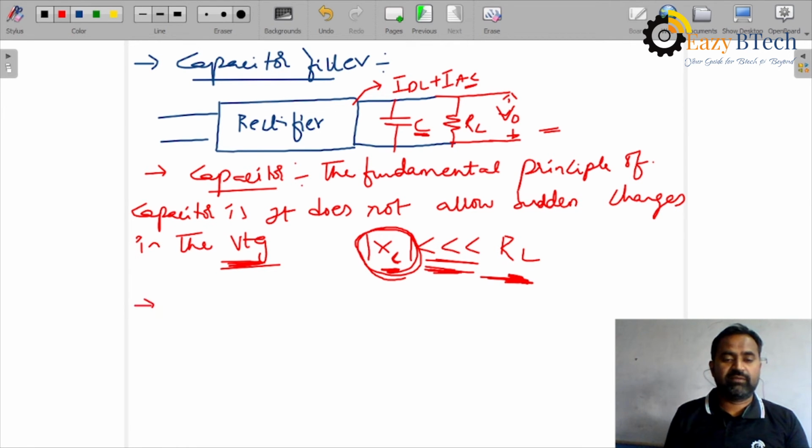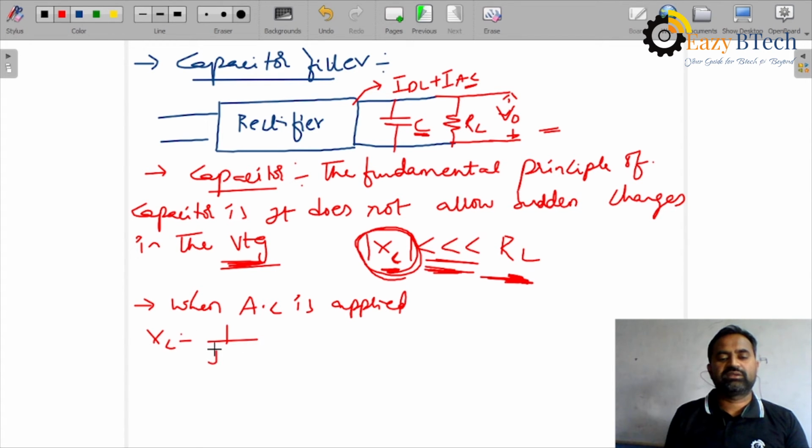Now you can see what the capacitor does when AC is applied. Xc is equal to 1 by j omega c. For the magnitude, you write 1 by omega c, that is 1 by 2 pi fc. With a frequency like 50, 1 by 50 into 2 pi into c.